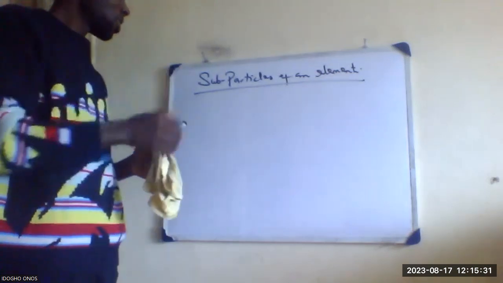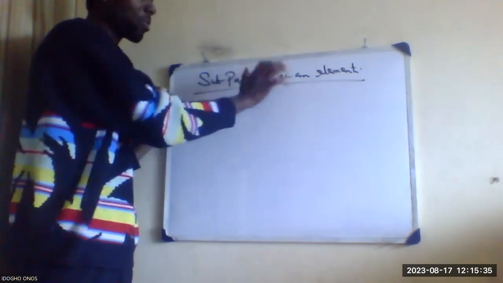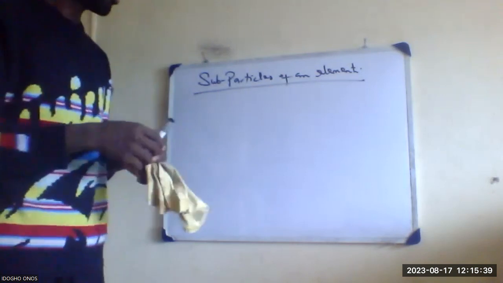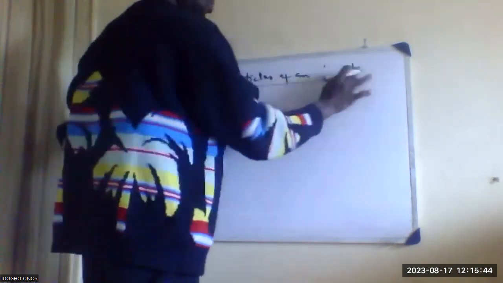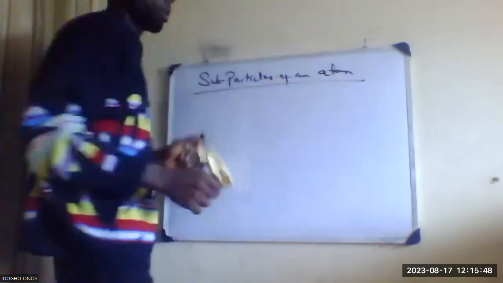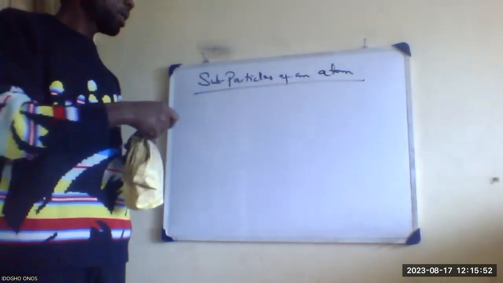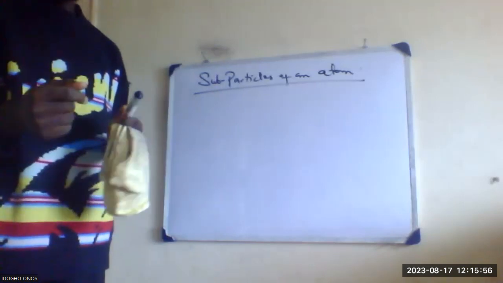But that statement is not true because of the subparticles of an atom. Subparticles of an atom, not element, sorry. So the subparticles of an atom simply cancel that atom is indivisible.